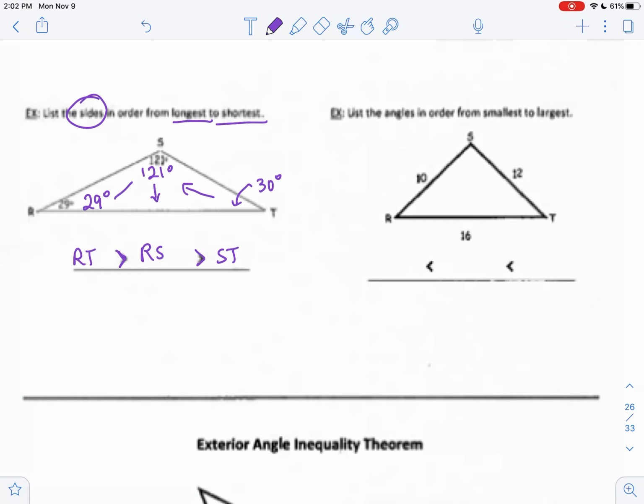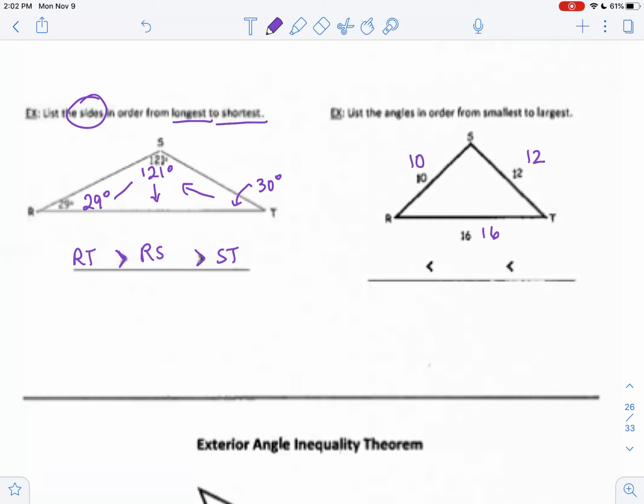In the next example, sometimes what they have us do is write the angles, and in this case, least to greatest, smallest to largest. So again, just clarifying some of the numbers, this says 10, this says 12, this says 16.